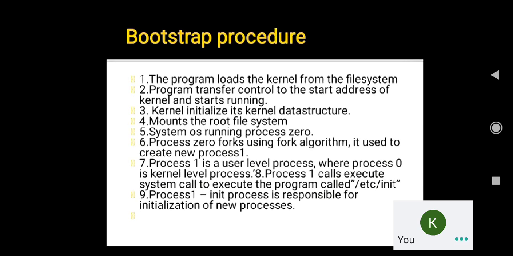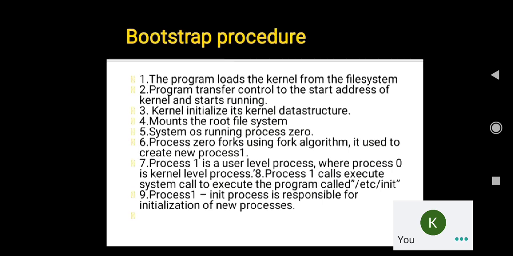Keep in mind, both process 0 and process 1 are system level processes, but process 0 we consider a system level or kernel level process. Process 1, though it works like a system level process, supports the entire actions of users, so we call it a user level process.